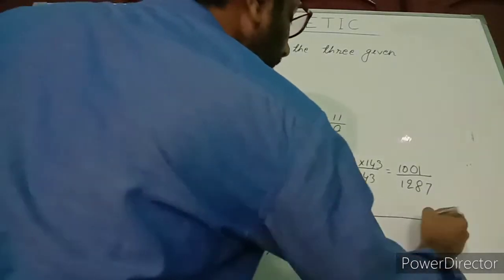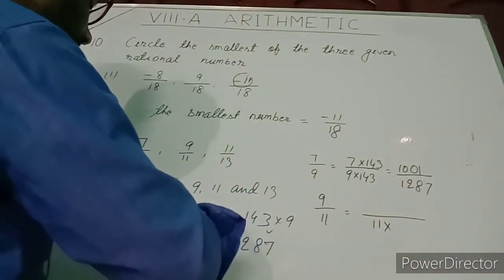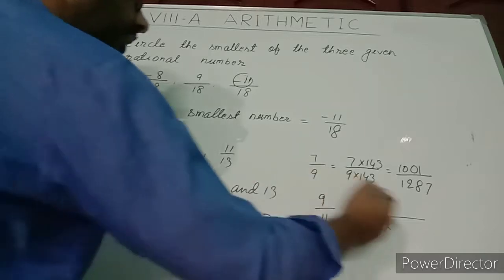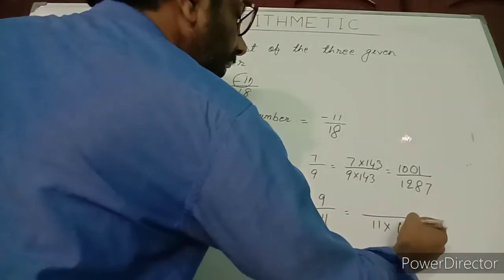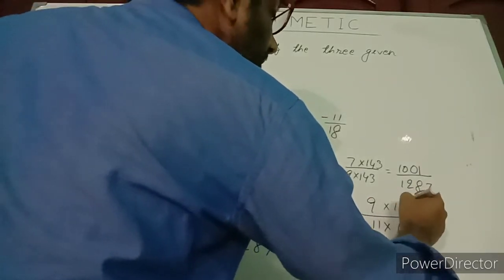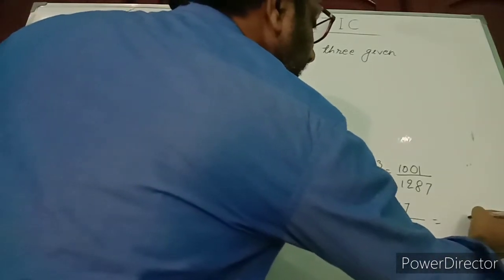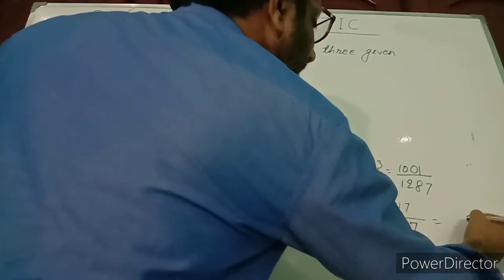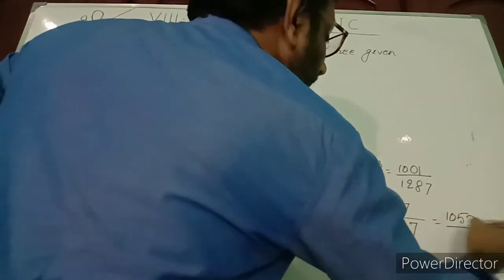This 11 should be multiplied by 13 into 9, that is 9 3 is 27, 2 9 1 is 9 and 2 11, and this 9 should be multiplied by 117. So this became equal to 9 7 is 63, 6 9 1 is 9 and 6 15, 1 9 1 is 9 1 10 by 1287.